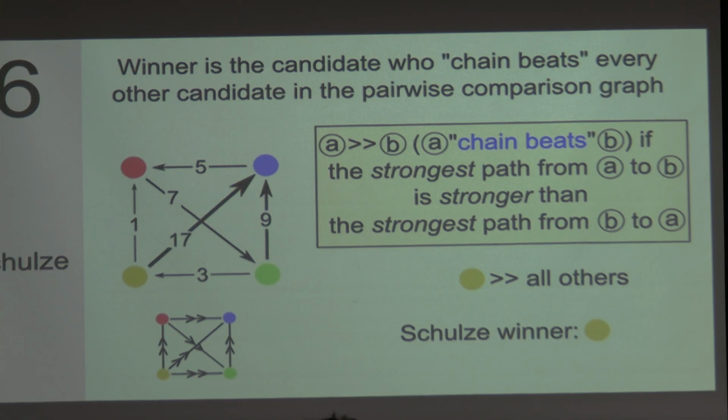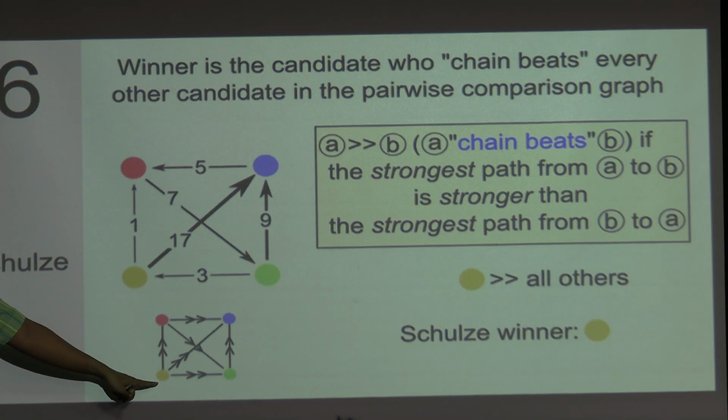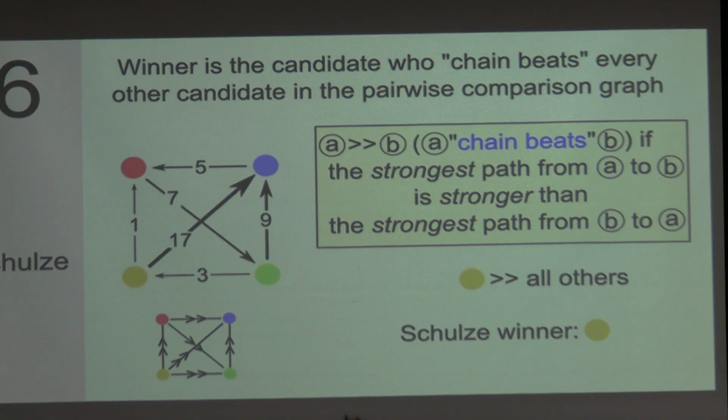So what I was suggesting in this graph, the deciding factor was among yellow and green, who won and by how much. What do you mean deciding factor? Since the difference between votes for yellow and green was such a small quantity, yellow chain beats everyone other than green in the above graph.